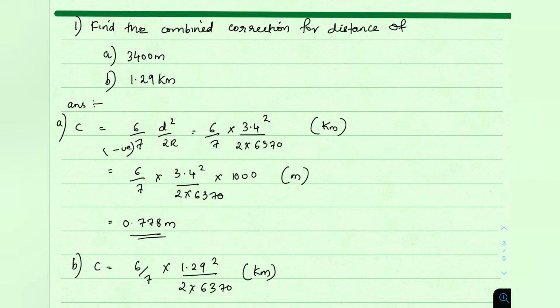Everything here is in kilometer. I always told first the equation 6 by 7 D square by 2R, everything is in kilometers, but we then make the correction in meters. So for that correction to be in meters, we have to multiply this by 1000. So we give the answer as 0.778 meter.